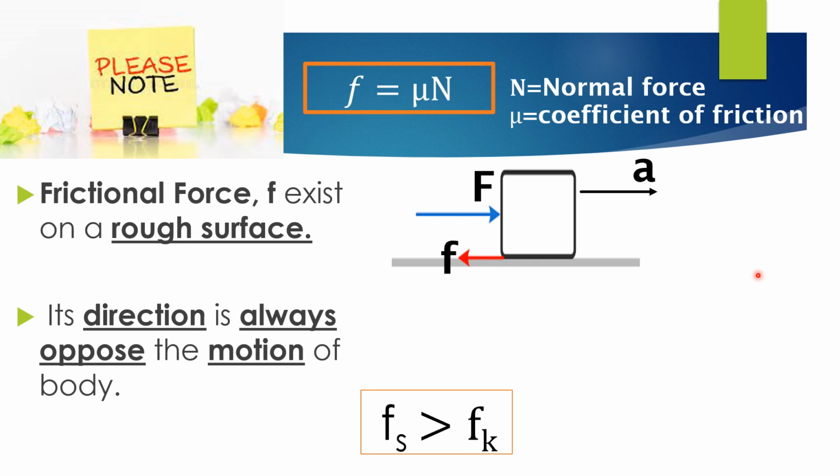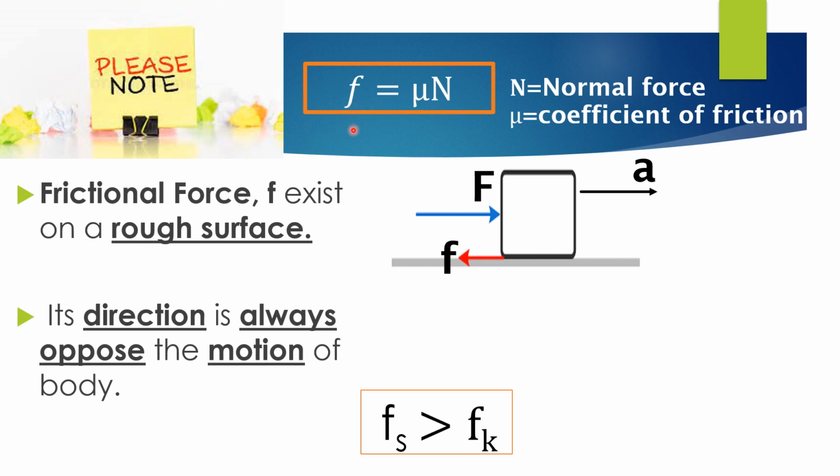So we have two types of frictional force. First is static friction and secondly is kinetic friction. When we compare these two types of friction, the magnitude of static friction is greater than kinetic friction.